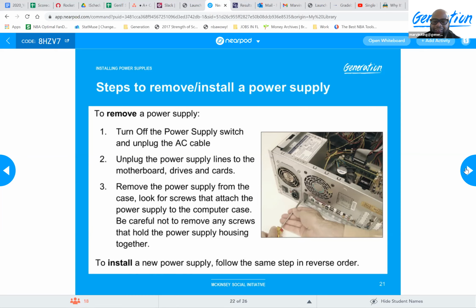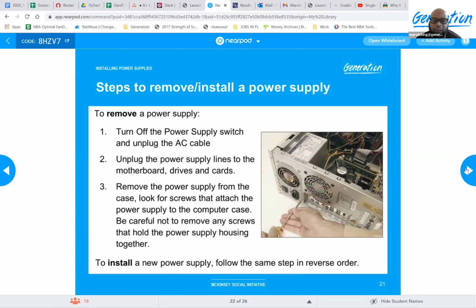These steps mimic the steps of most things dealing with the computer: you're going to power it down and make sure that it's unplugged. And if you see the picture here, those 4 screws on the back of the case typically are the screws attaching the power supply to the case. Those should be your main points of connection there.